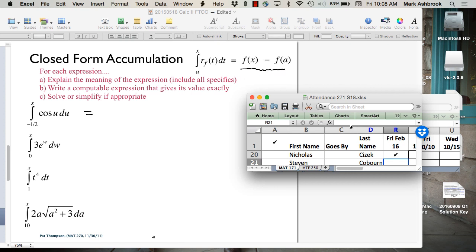What function, if you took the derivative of it, you get cosine x? Sine. So now our function f is sine, so we can write the closed form, which would be final minus initial: sine of x minus sine of negative 1/2.